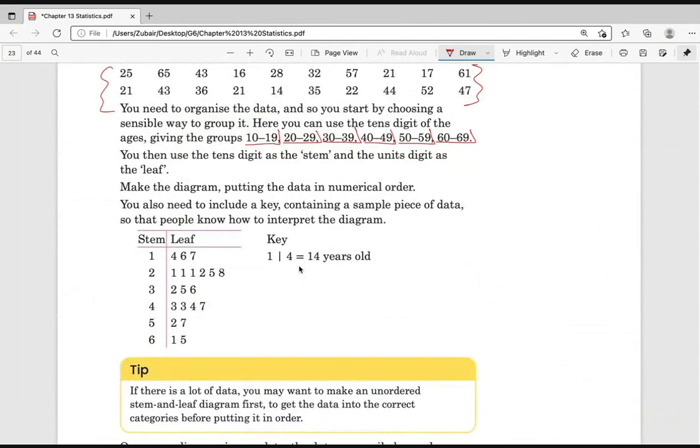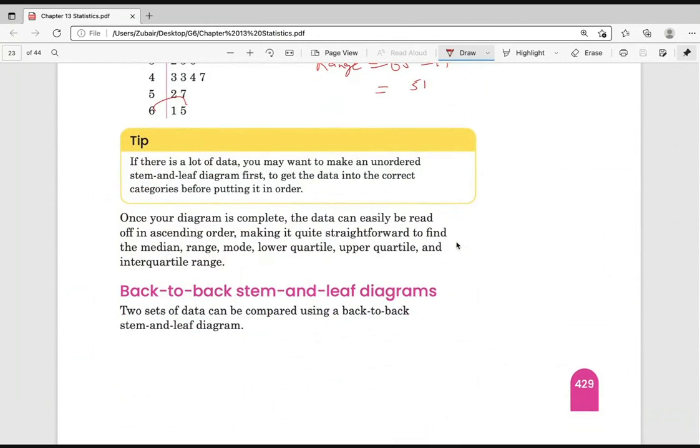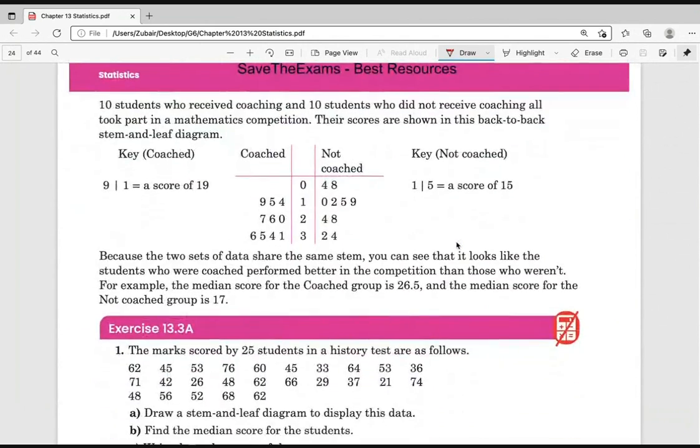And writing them in order, I would know that the least age is 14 and the highest age is 65. And I can say the range is 65 minus 14, 51 years. And we can find upper quartile, lower quartile, and median because they are arranged in order.